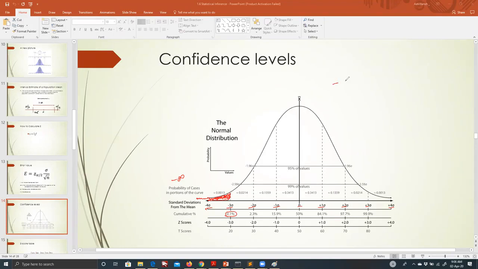What it means is, from negative infinity, let's say I do integration till negative 3 sigma for a normal distribution, you will get a very small value, this 0.1, right?